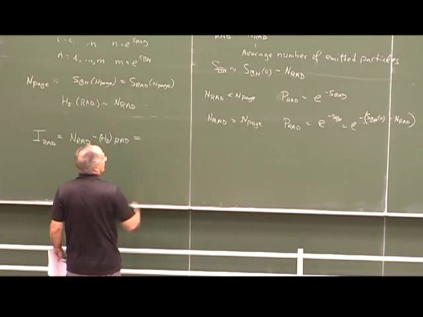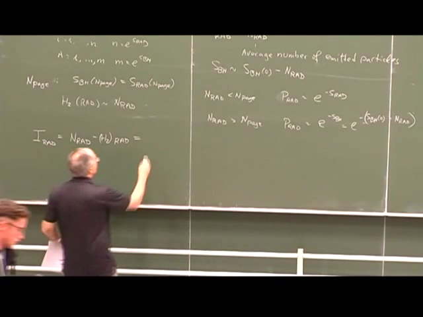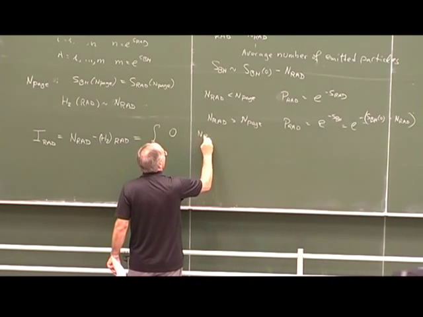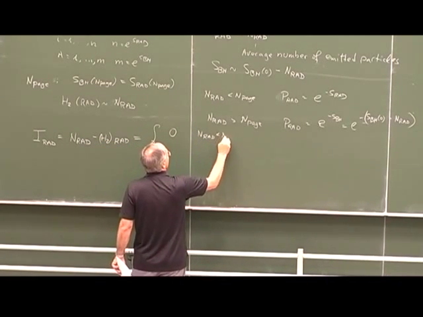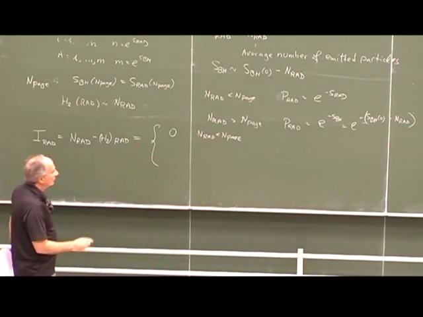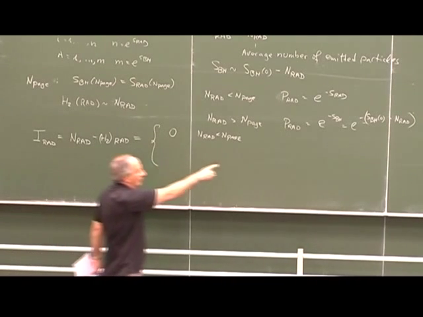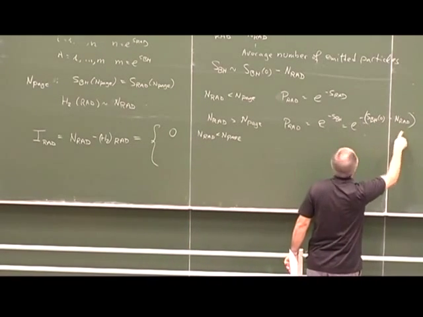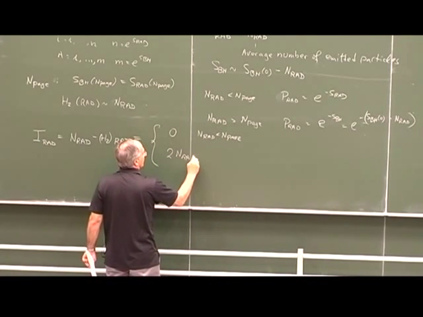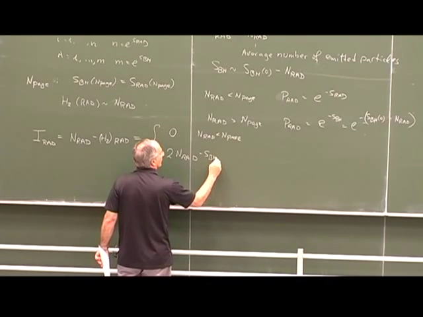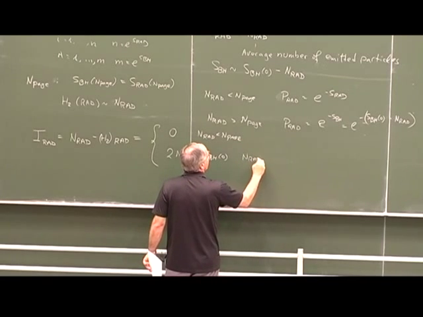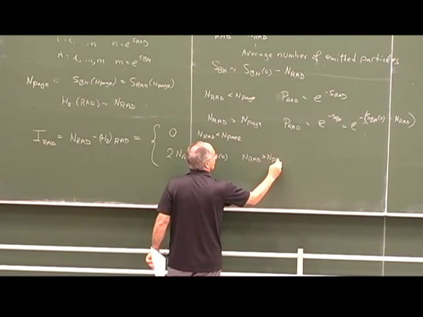Okay, so in this case, it is approximately 0 for n_rad less than n_page, and n_rad minus S_BH plus n_rad, so 2 n_rad minus S_BH of 0 for n_rad larger than n_page.